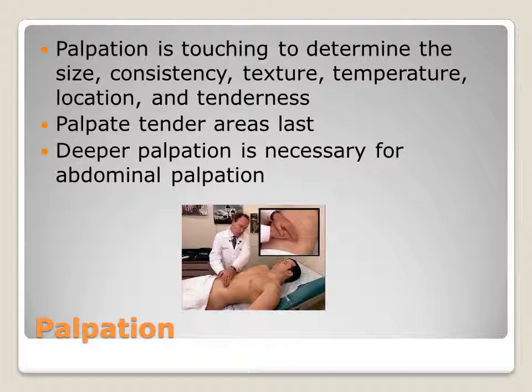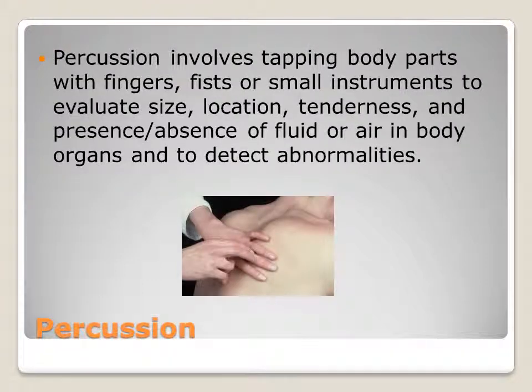If you palpate that area first, you may alter the client's ability to tell you if there is anything going on in that area, because it may increase pain in the area that they are actually hurting. Percussion can be done directly or indirectly.